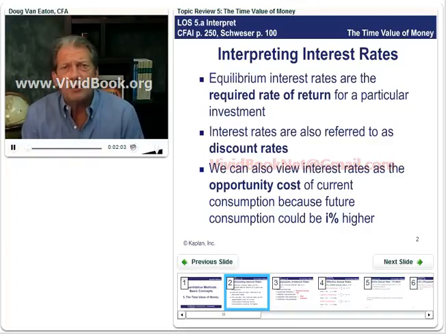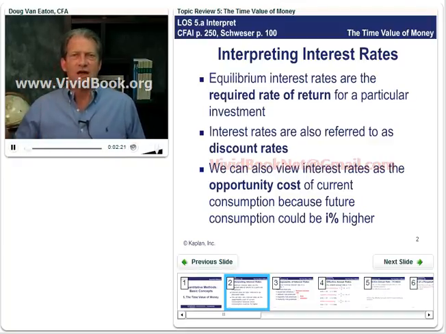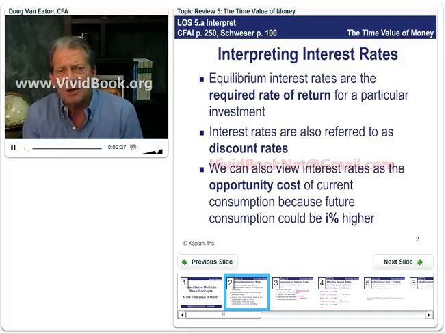Sometimes we'll refer to interest rates as discount rates, and discounting is when we take a future value and try and get its equivalent value in today's dollars. We discount that future value back to the present. Now, the opposite of that is if we take a present value and we compound interest out into the future to get its future value. Now, we can also view interest rates as opportunity cost, and that's what I was touching on earlier.